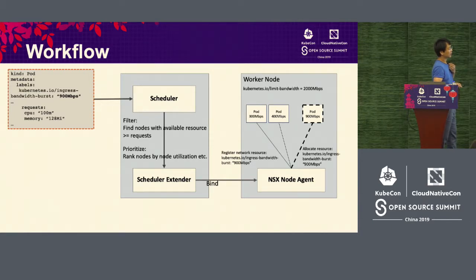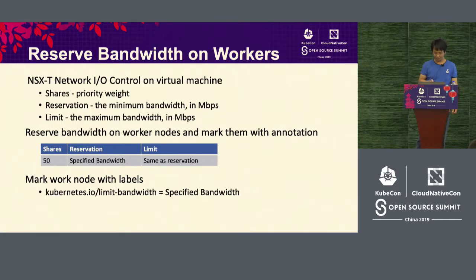Then the NSX node agent will watch the switch, and NSX will register the pod and tell it how much bandwidth it needs, and then reserve the bandwidth in the virtual switch. On this node, you can see the user had selected the 2G bandwidth node, and there are already 2 pods existing on it, using 900 Mbps, so there is still 1300 Mbps.